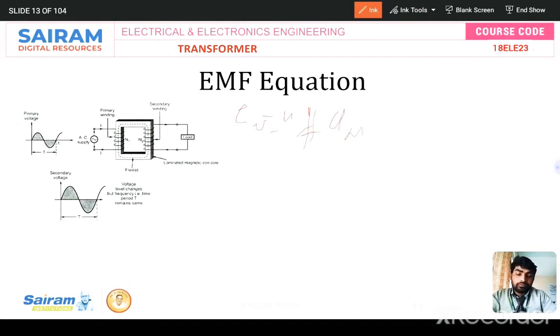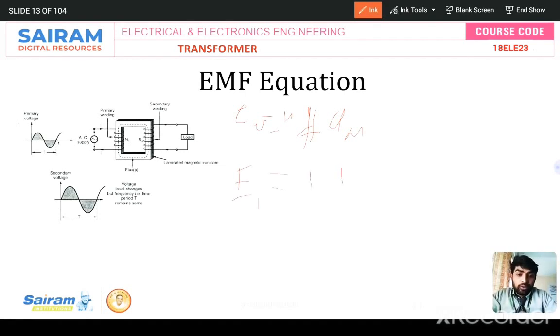If you want the RMS value, form factor is equal to RMS value by average value. Just multiply the average value by the form factor, you will get 1.11. So that is RMS. I'll take E1, the induced EMF in the primary side, in terms of RMS.